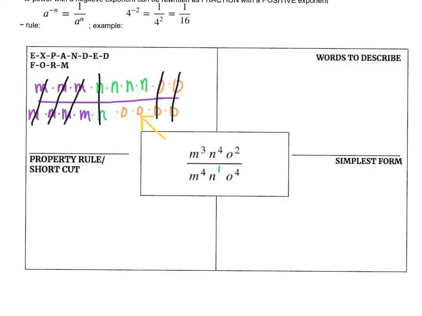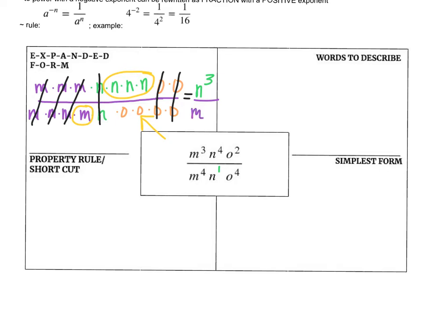All right, so now let's look, what are we left with? So expanded form helps us to see clearly what we're left with. In the numerator, we are left with 3 n's, so n to the third power. And then in the denominator, I see 1 m.